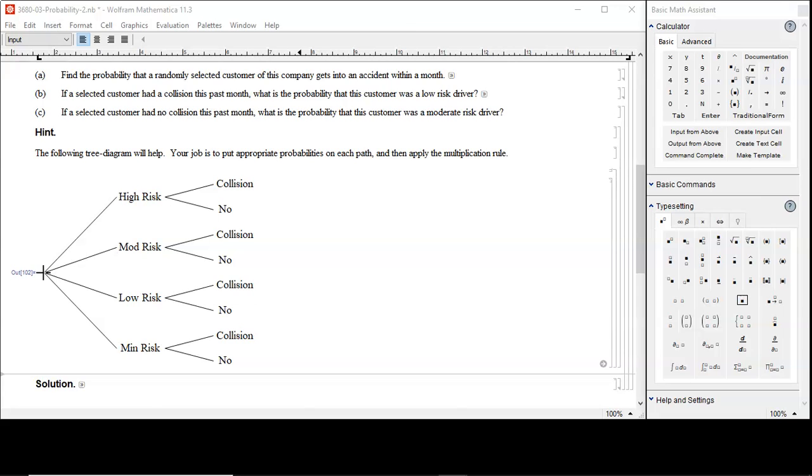And then having no accident, right? And this is the part that I am particularly interested in. And this is going to be the numerator of that probability.